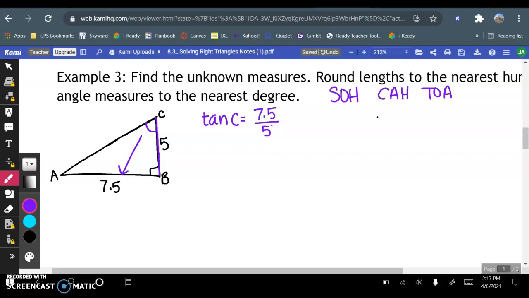If I solve that out, the tangent of C equals 1.5.